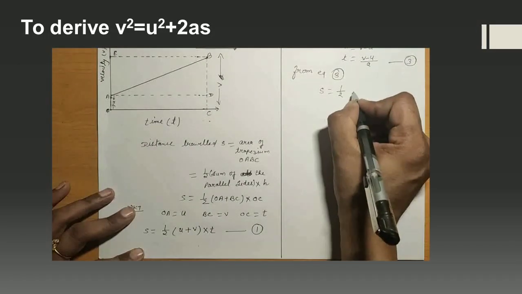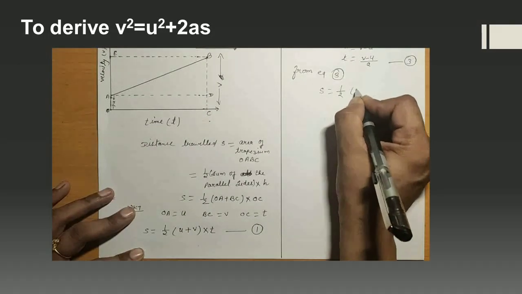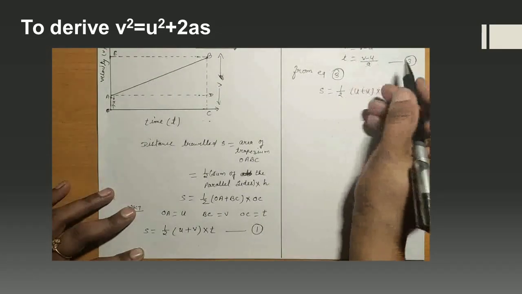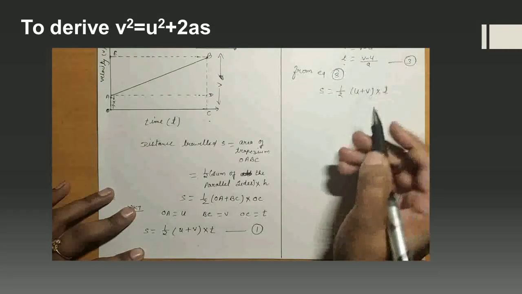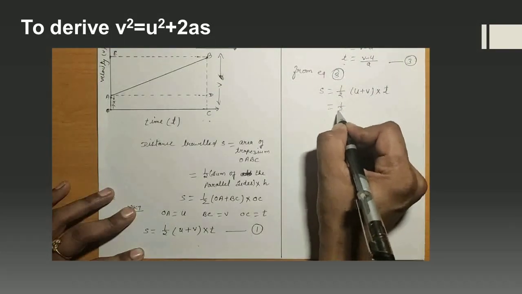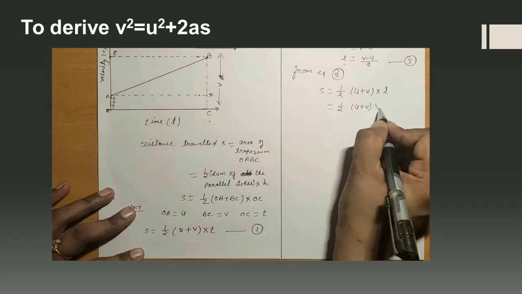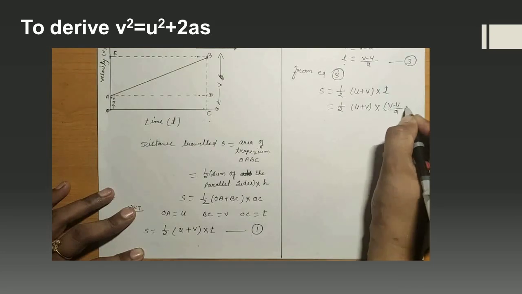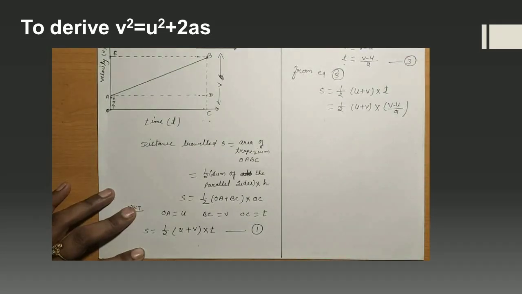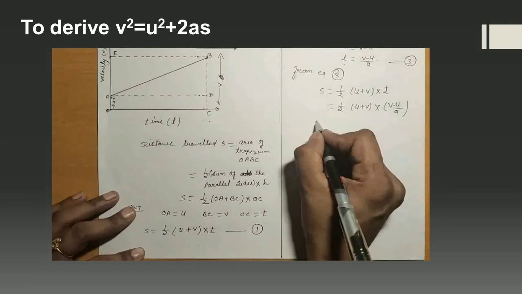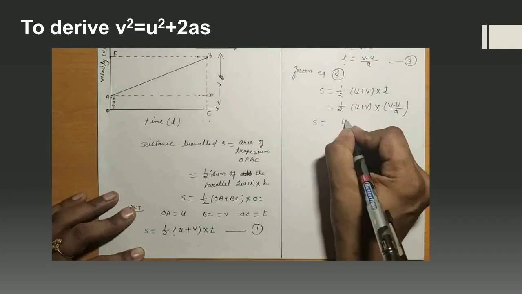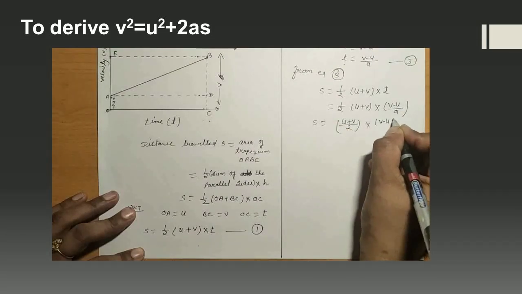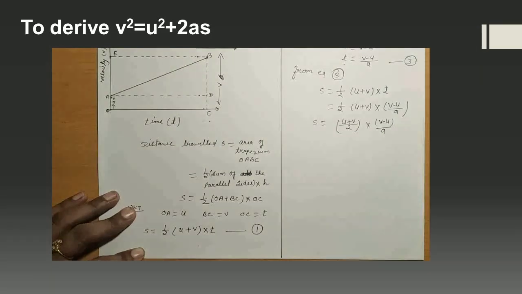So what was the equation first? 1 upon 2 into U plus V into T. Now we put the value of T from equation third, and here it will come 1 upon 2 into U plus V into the value of T, which is V minus U upon A. Got it? Okay, so S will be the same here, U plus V upon 2 into V minus U upon A.